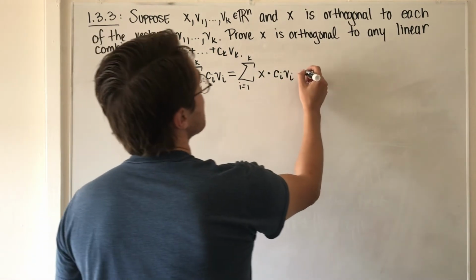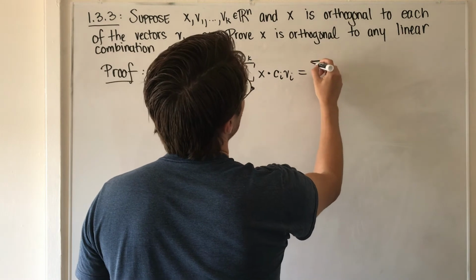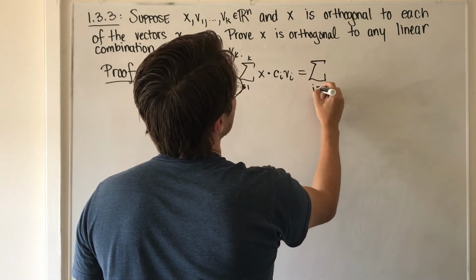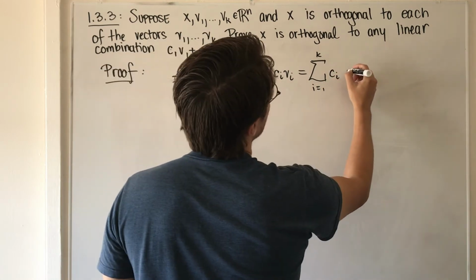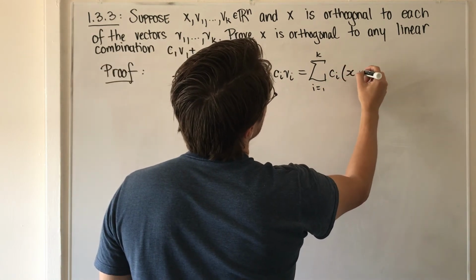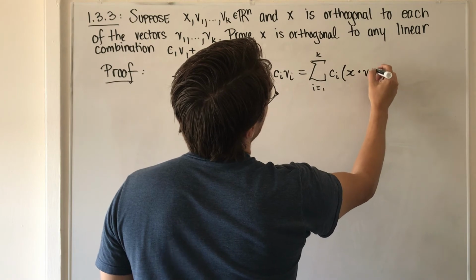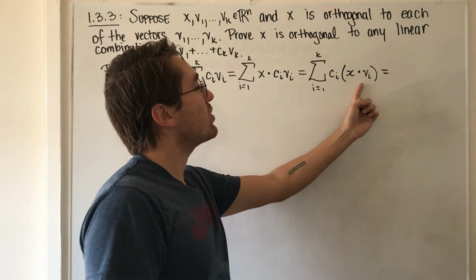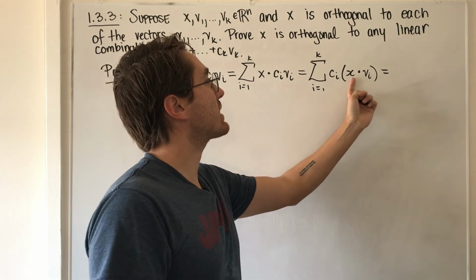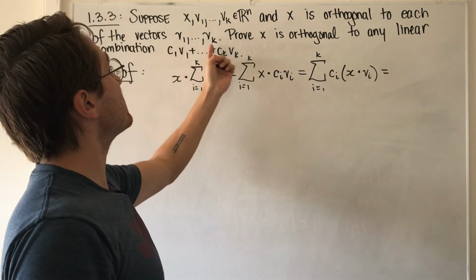So this is equal to the sum from i equals 1 to k of the coefficient ci times x dotted with vi.